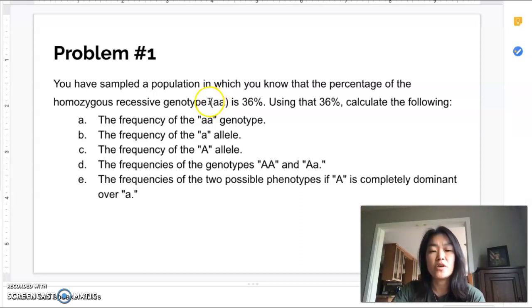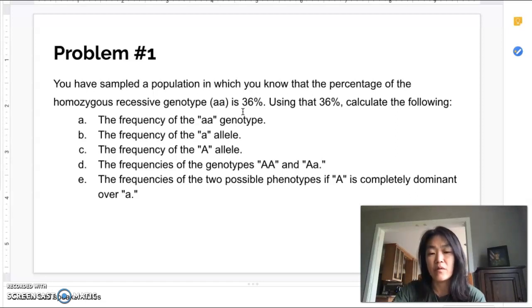Then they tell you that the frequency, or the percentage, of that genotype is 36%. When they say percentage, it's the same thing as frequency. And the other thing I'm hoping you're familiar with mathematically is that 36% can be written as 0.36.